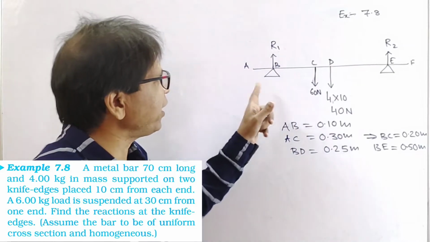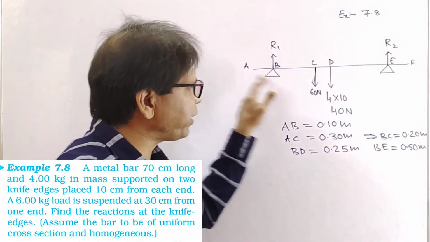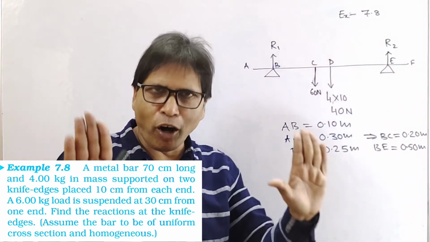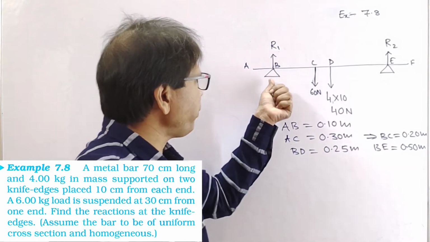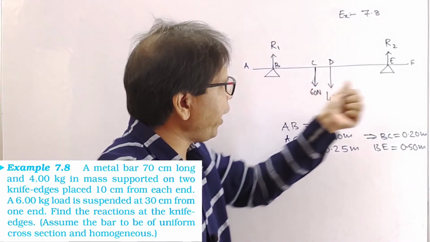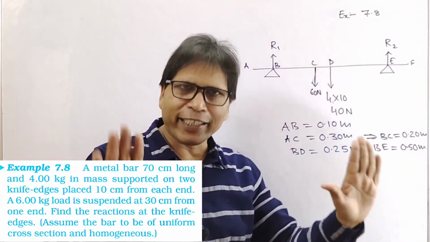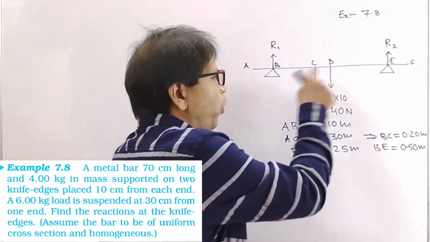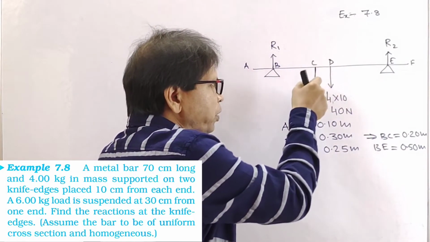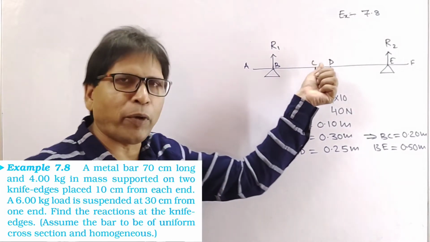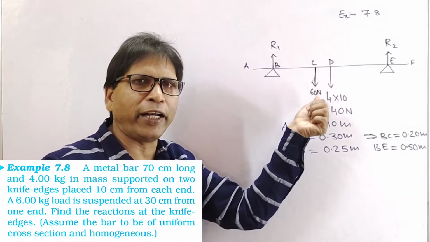Okay, now look at this example 7.8. AF is a uniform rod of length 70 cm. Two knife edges are at B and E. AB equal to EF equal to 10 cm. The weight of the rod is 4 kg and a load of 6 kg is placed at the point C, which is at a distance 30 cm from one end.